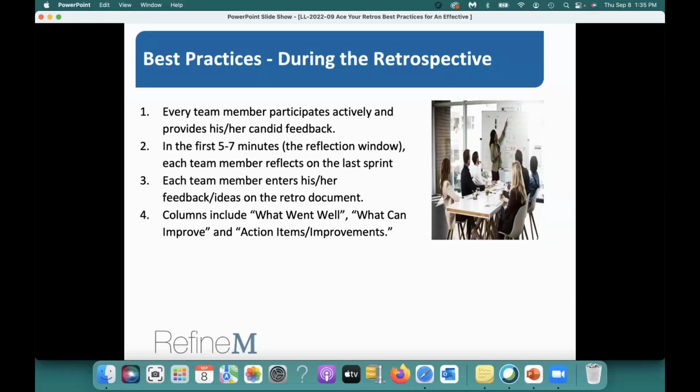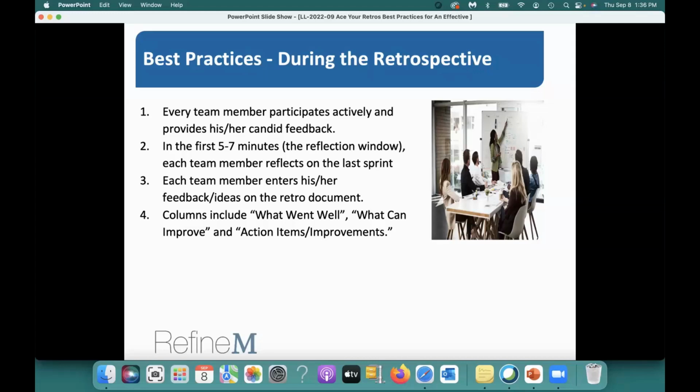Nobody talks. Everybody writes, either on sticky notes or the shareable document that was created as prep work. So everybody writes in real time and nobody talks. Having a reflection window is important to gather feedback from everyone, and that is what will improve engagement.